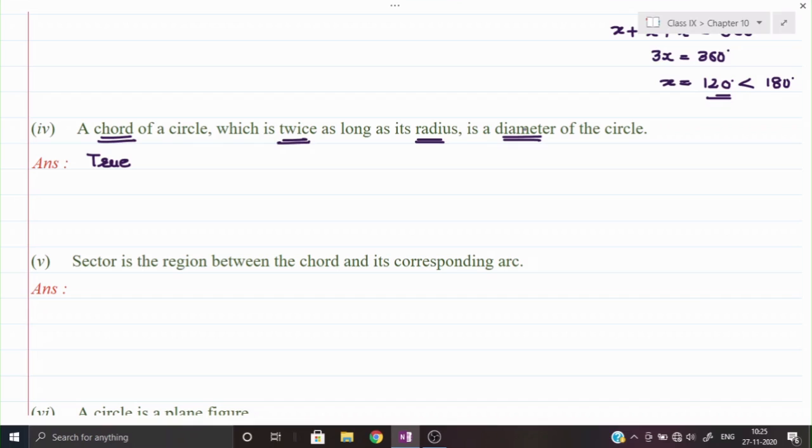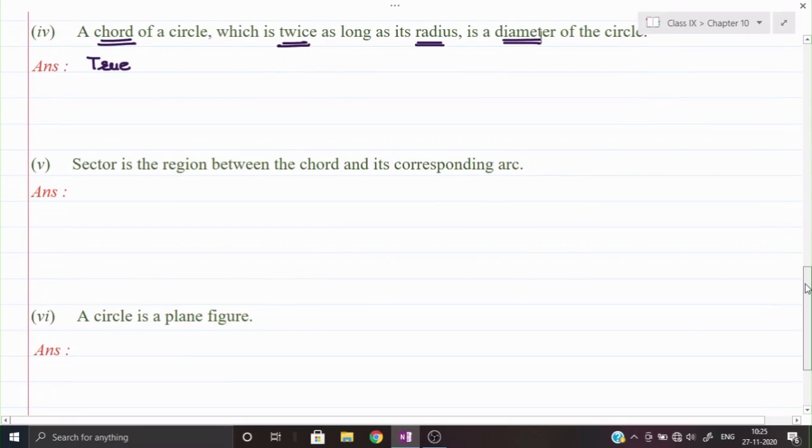And one or two more parts are remaining over here. Sector is the region between the chord and the corresponding arc. See, what is a sector actually? Suppose this is a circle, and here I take a center and draw two radii.